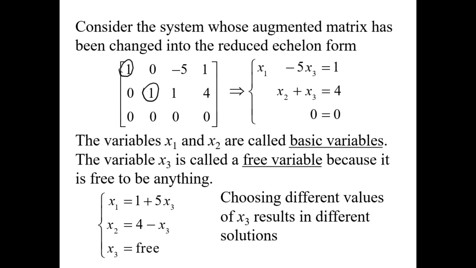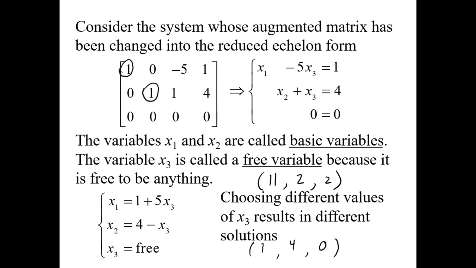So for example, if you pick, I don't know, 2 for x3, we know that x1 is going to be 1 plus 5 times 2, which is 11. x2 is going to be 4 minus 2, which is 2. So one of the solutions is 11, 2, 2. You could pick 0, right? I'll pick 0 for x3. If x3 is 0, x1 is going to be 1 plus 5 times 0, and x2 is going to be 4 minus 0.